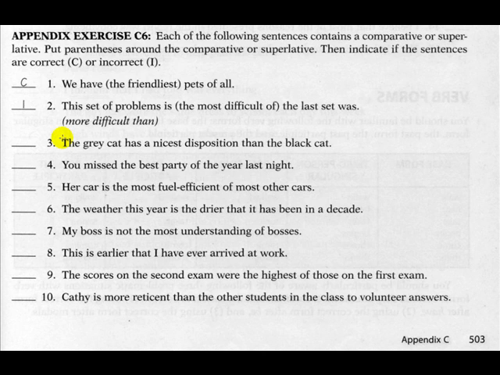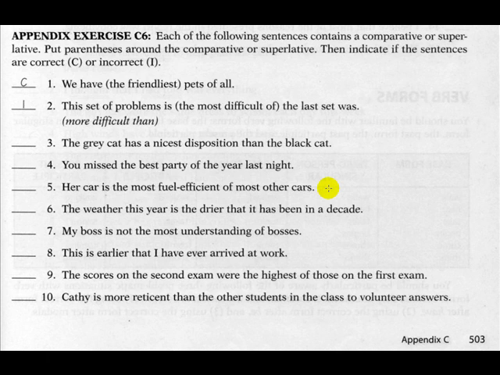Next, we have, her car is the most fuel efficient of most other cars. Now, what are we doing here? Her car is the most fuel efficient of most other cars. Are we comparing two unequals or one?